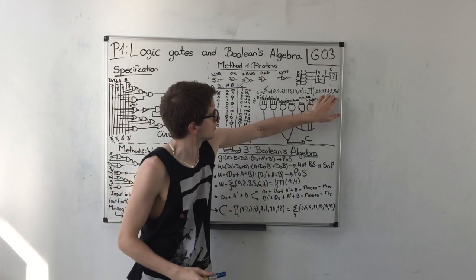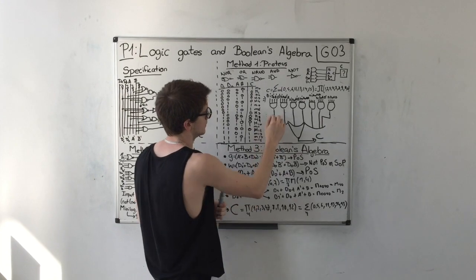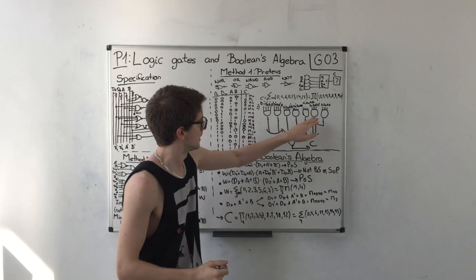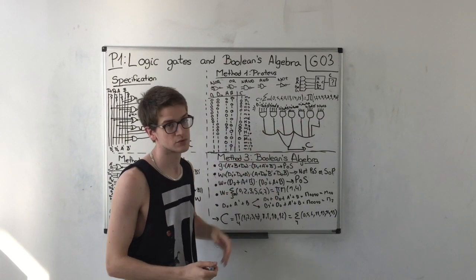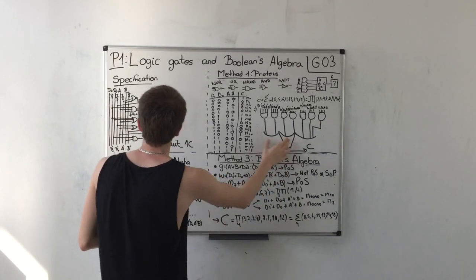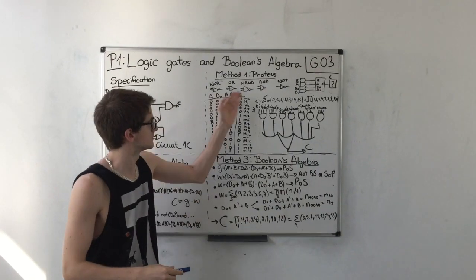So getting this, we can design the inputs that will be those ones, and sum every one of these products. So this is a sum of products, and this will be a simplified expression of this circuit. And well, this is all we have to do in the first method, Proteus.